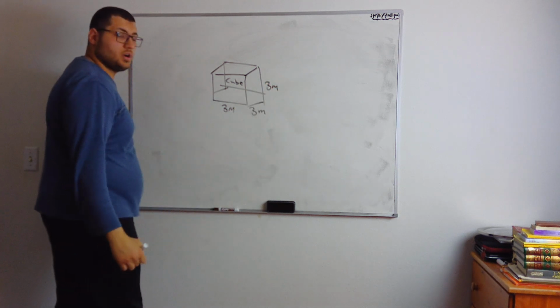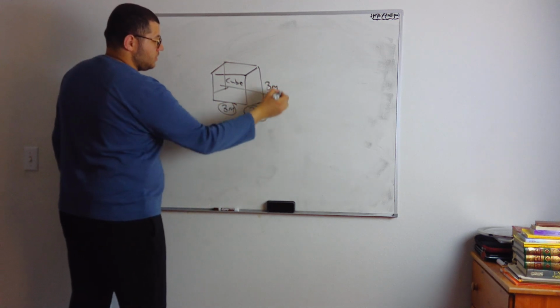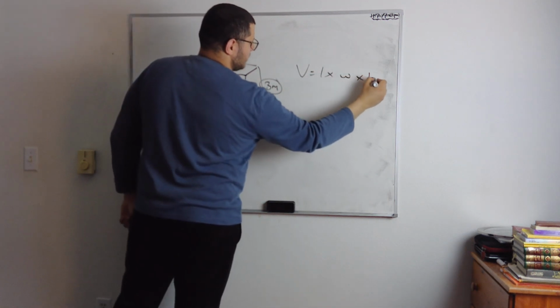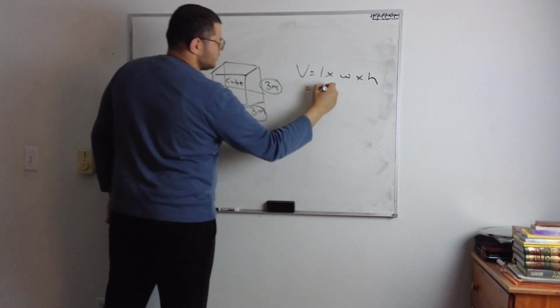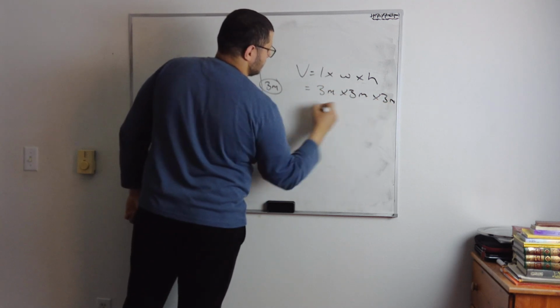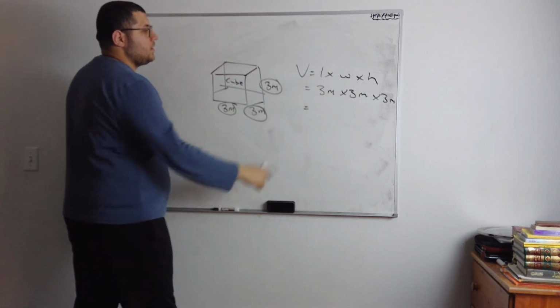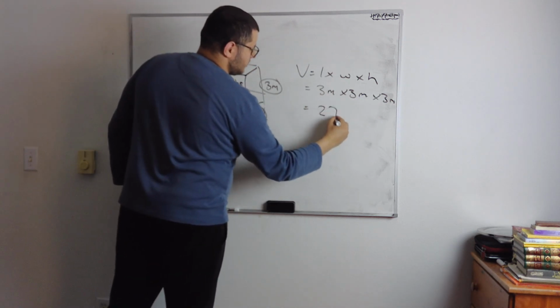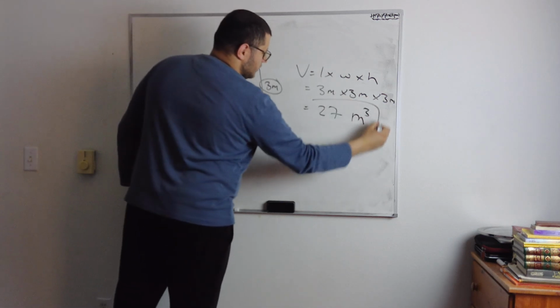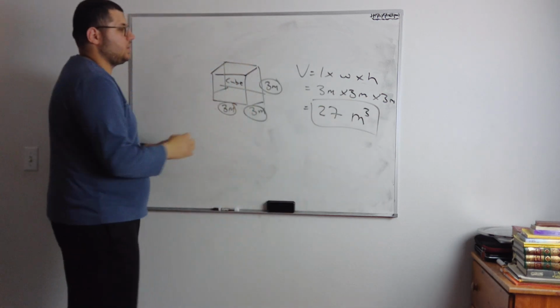All the dimensions are equal: the length, the width, the height. Volume equals L times W times H, meaning 3 meters times 3 meters times 3 meters. 3 times 3 is 9. 9 times 3 is 27. 27 what? Meters cubed. If this was feet, it would be feet cubed. This is the volume of this cube.